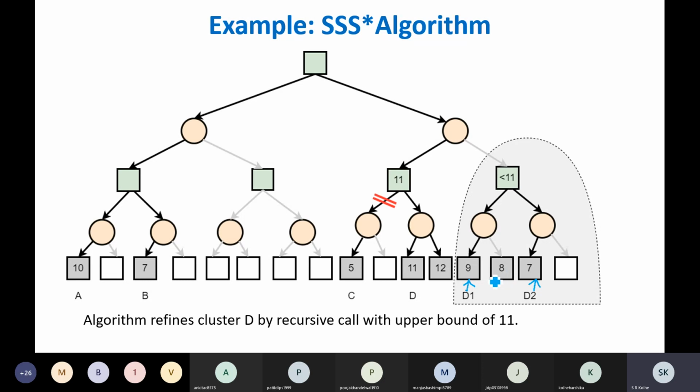That value is 8. Now that value will become the new upper bound on this cluster. 8. Value 8 is better than 9 because it's a min node. So therefore that will be the new upper bound.